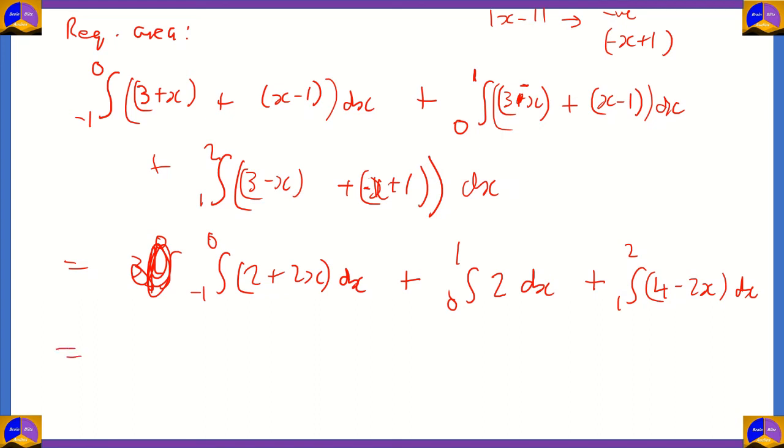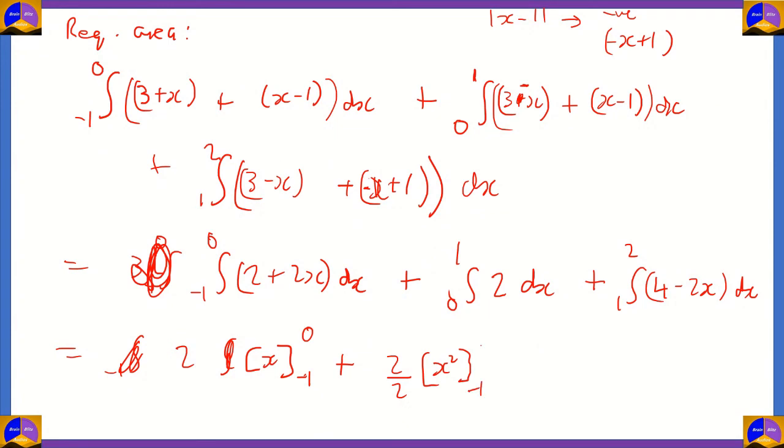That was how we used to solve it to find those 2 points. So now that we've got it this far, we can integrate separately. So it'll be integral minus 1 to 0, first it will be 2. So 2 times integral of dx is x, from minus 1 to 0. Then plus you have 2x, so 2 times integral of x dx is x squared by 2, so 1 by 2 is taken outside. Inside the bracket you have x squared.